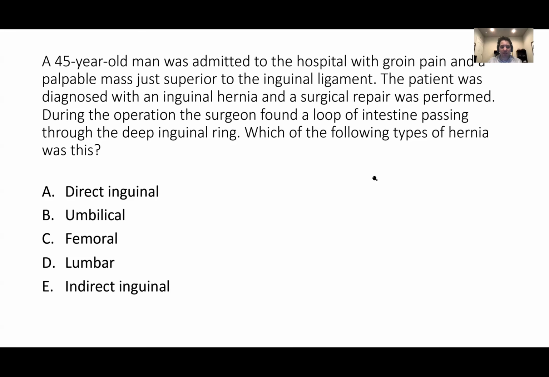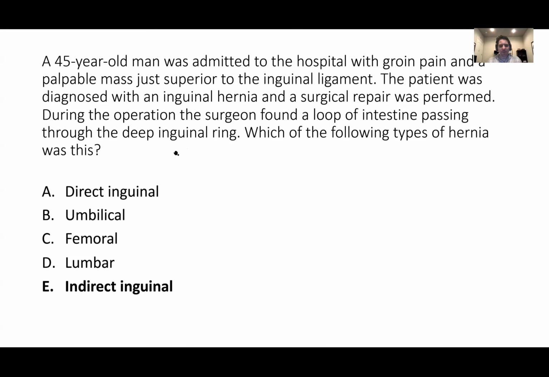All right, so make sure you know these because they could ask you this in a number of different ways. But the deep inguinal ring is going to be an indirect inguinal hernia. Remember, the direct inguinal hernia and the indirect inguinal hernia will go through the superficial ring, but only the indirect goes through the deep.